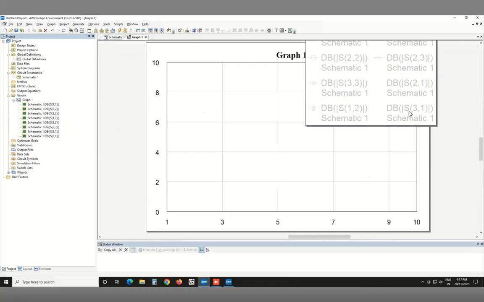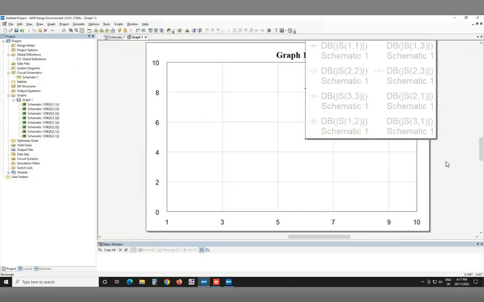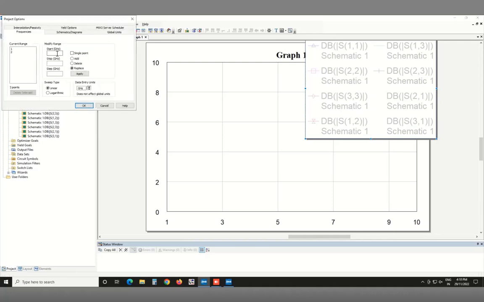What did I miss? Oh, I missed S32, I guess. Okay. Since we know the operating frequency is 6, I'm going to go from like 5 to 7 to start with.